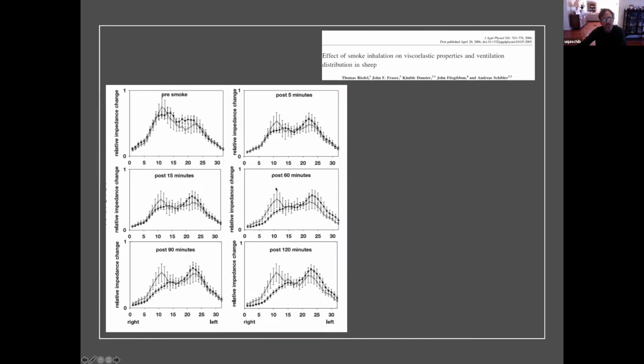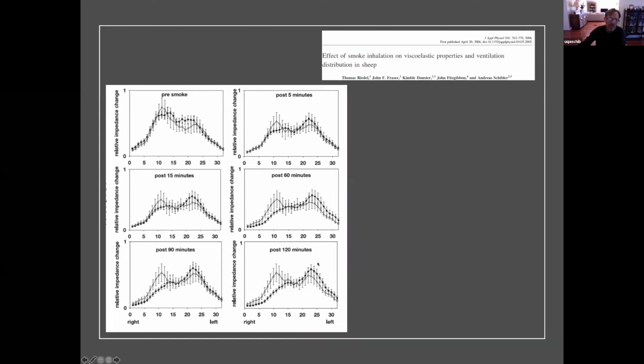This is 5, 15, 60, 90 and 120 minutes after smoke delivery, and smoke is delivered into the better ventilated lung. So smoke is delivered into the right lung and into the left lung, sorry, and we injure the left lung more than the right lung if you're in left lateral position.